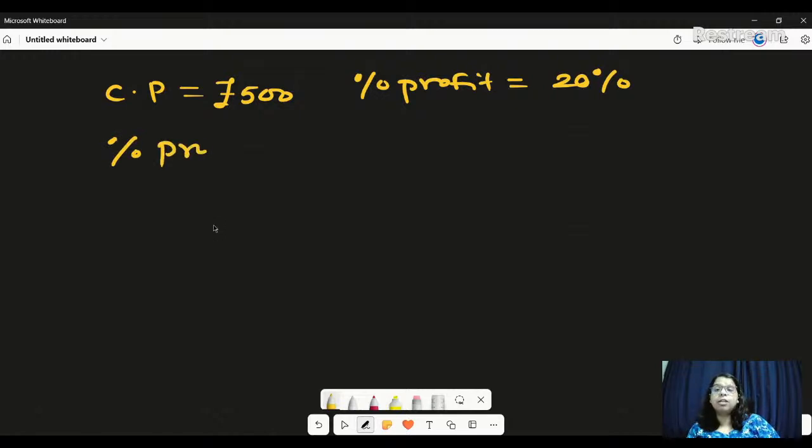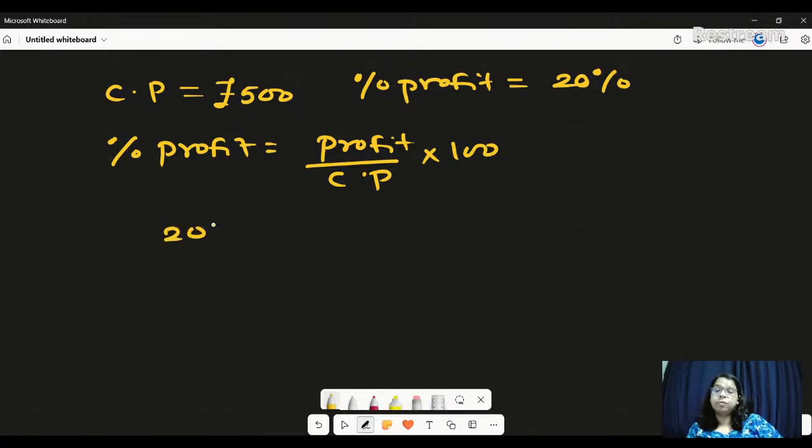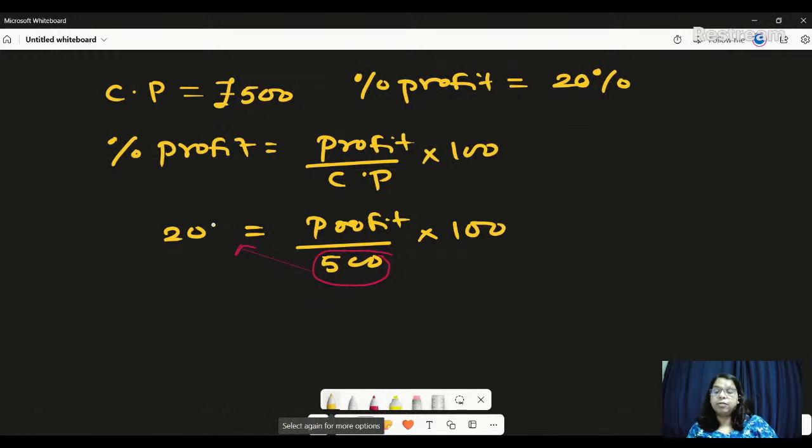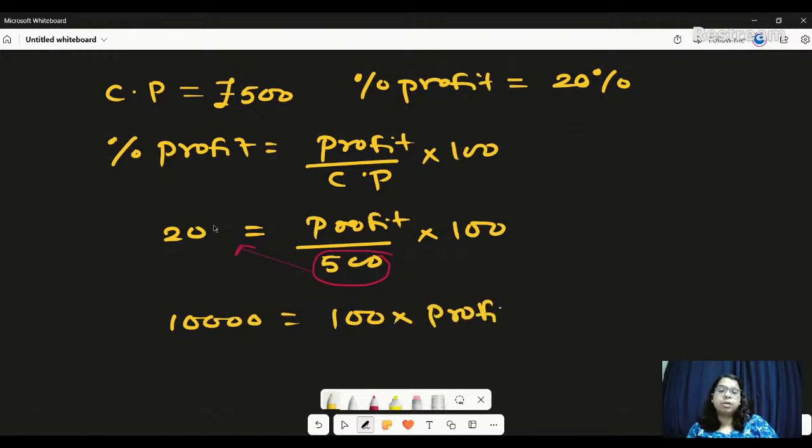Another way of writing the percent profit formula is profit over CP multiplied by 100. So here we have 20 equal to profit over 500 multiplied by 100. Now this 500 will go on the other side and get multiplied with 20. So we have 10,000 equal to 100 times profit.